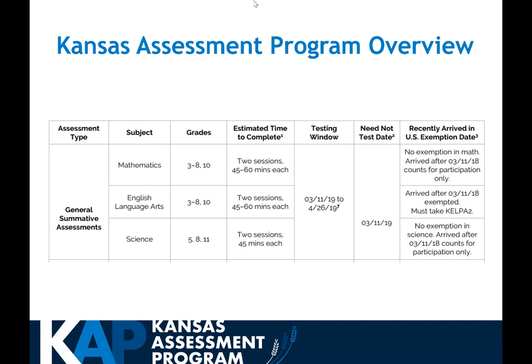These times are only a reference to be able to plan. You will see the testing window is from March 11th, 2019 to April 26th, 2019. If a student arrives in the district after March 11th, 2019, they do not need to take the assessment.